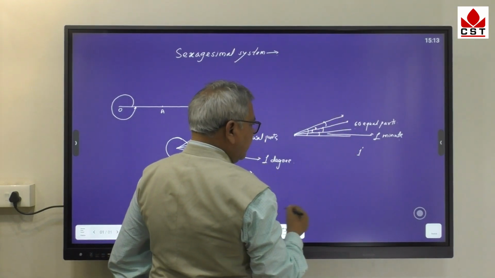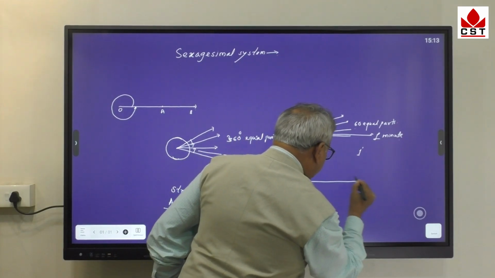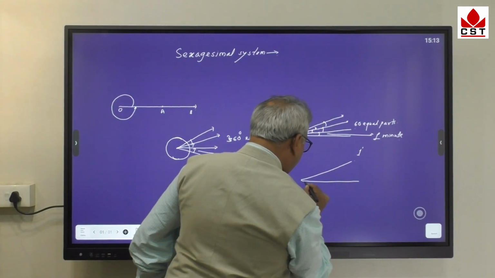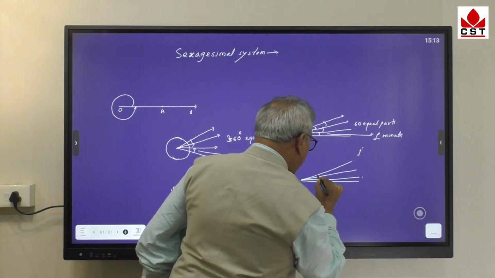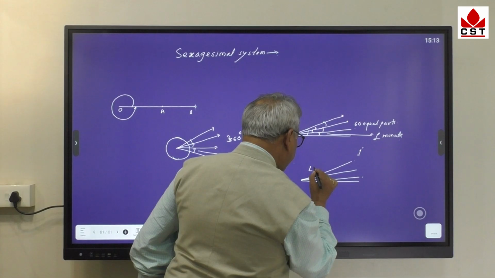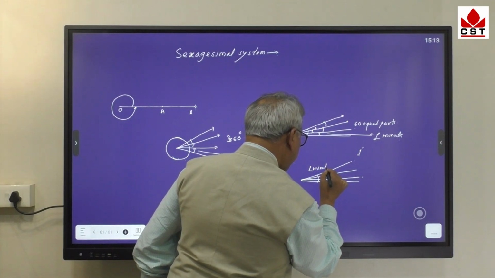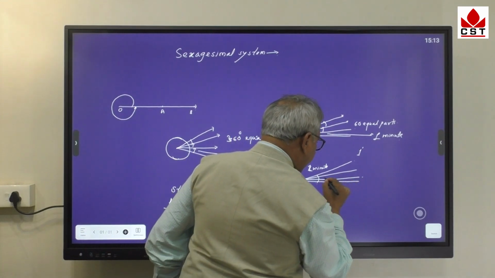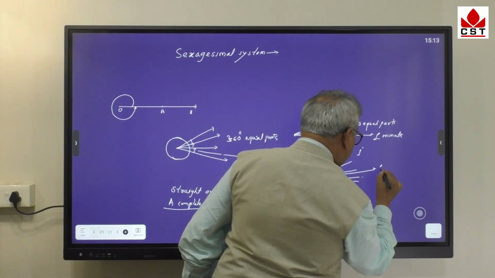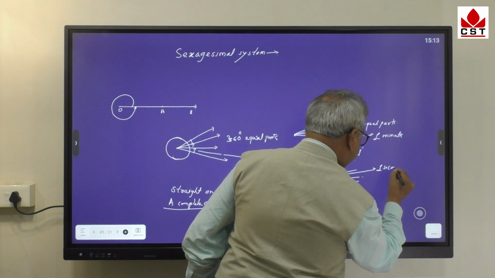Read it, 1 minute. Further, 1 minute is divided into 60 equal parts, and each part is called 1 second.